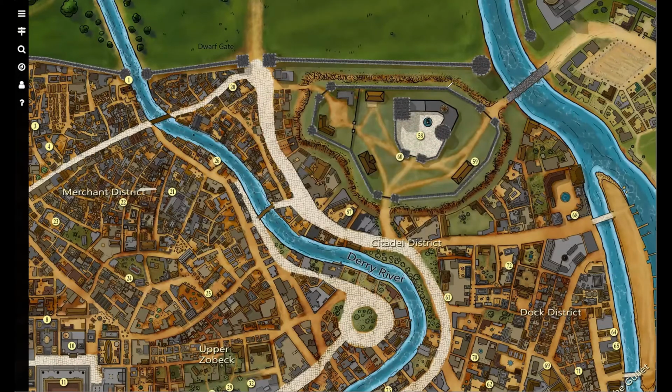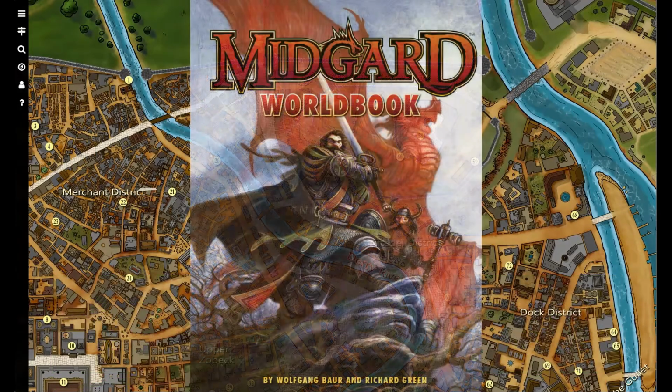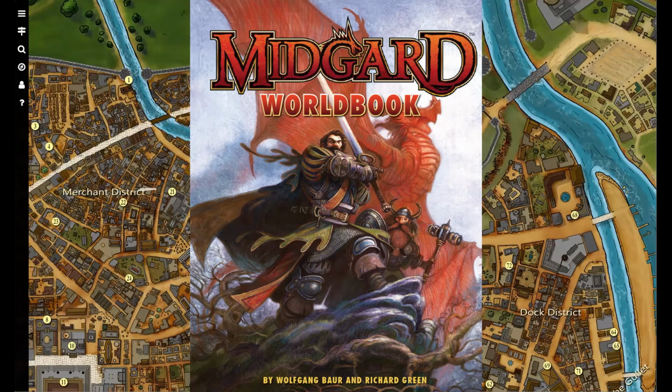Now, NPCs. In each location in Midgard, there's always going to be an opportunity to have an NPC. And I think it's important that they become consistent, because if it's the same person found all the time doing the same thing, it makes the world real. You have to understand that when you read this book, the Midgard World Book, the people who worked on this, I don't know what was going on in their lives, but this clearly was everything they were doing.